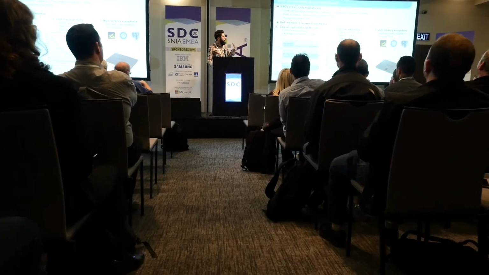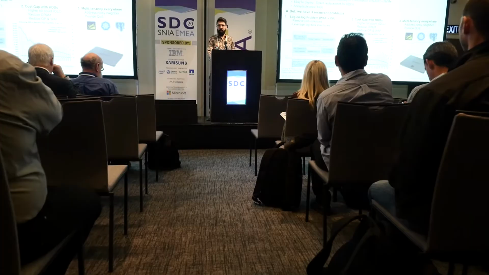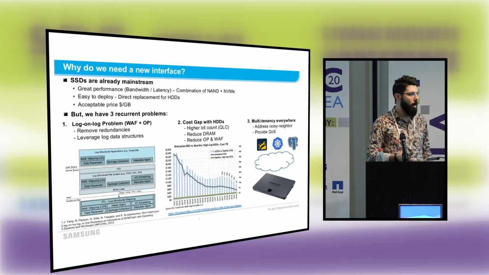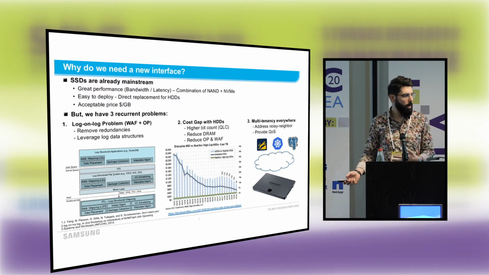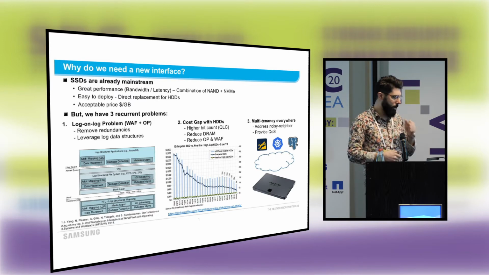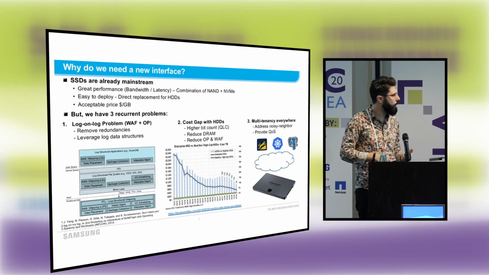And if you go down to the application, you have applications that try to do the same thing because they want to be flash friendly. So you end up with a log-on-log problem, which basically means your application thinks you're writing sequential, but at the end of the day, it's running completely random on the device, so you're not actually helping the algorithms inside the SSD do proper garbage collection. So we're playing this game of hinting back and forth to try to make good decisions.